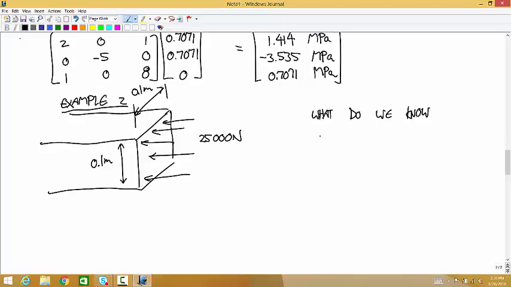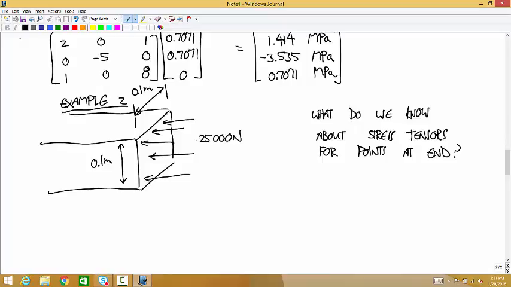What do we know about the stress tensor for the points at the end? Okay, well, the first thing we have to do is translate that force of 25,000 newtons into a traction.